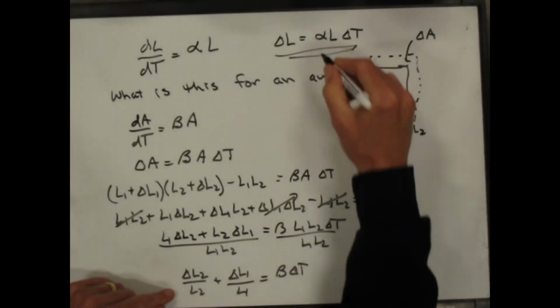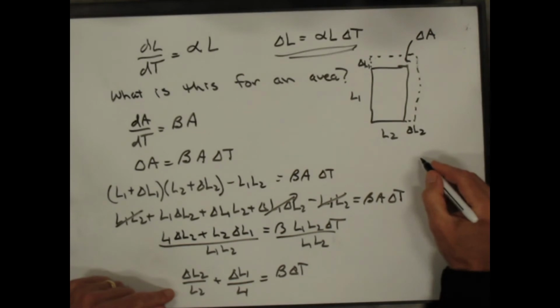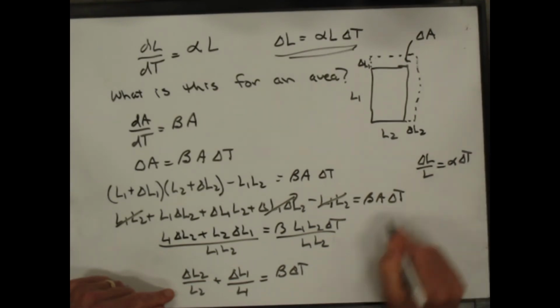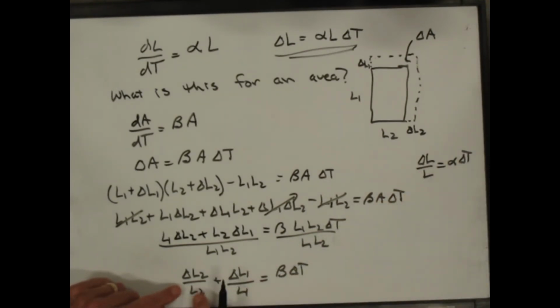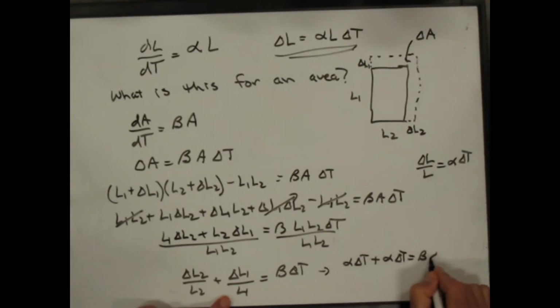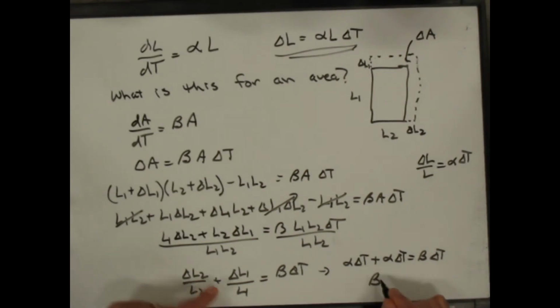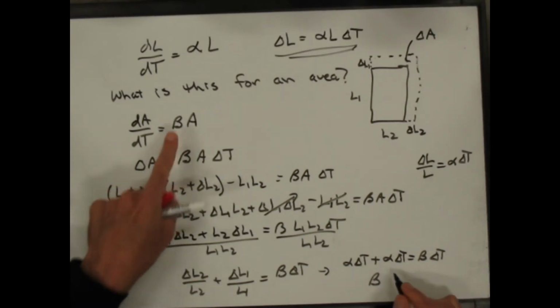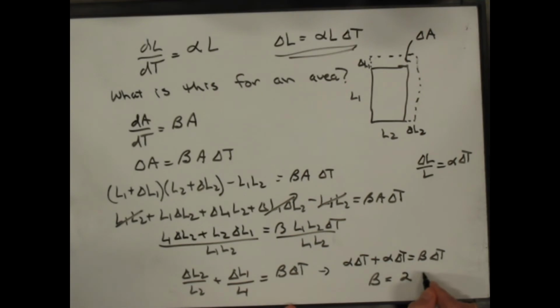But if I go up to this equation, I'll just write it over here, right? I can say, look, delta L over L is equal to alpha times delta T. And so this is just alpha times delta T, and this guy's just alpha times delta T. And so this becomes alpha delta T plus alpha delta T is equal to beta delta T. Or in other words, beta, the coefficient of area expansion, is just 2 times the coefficient of linear expansion.